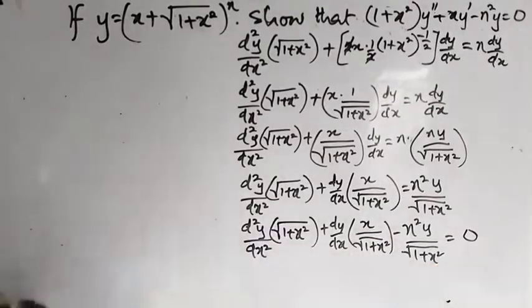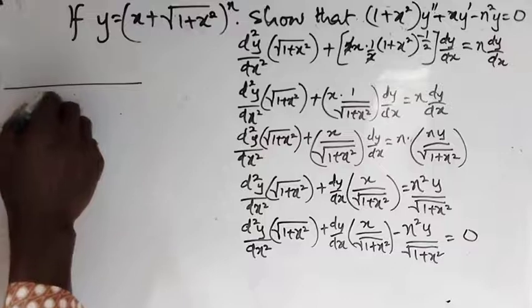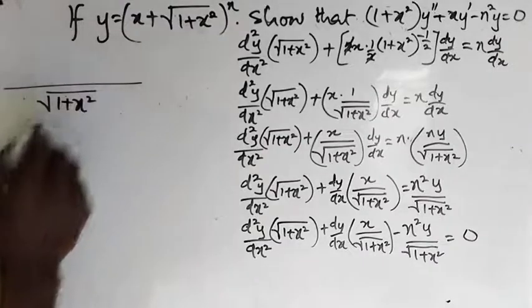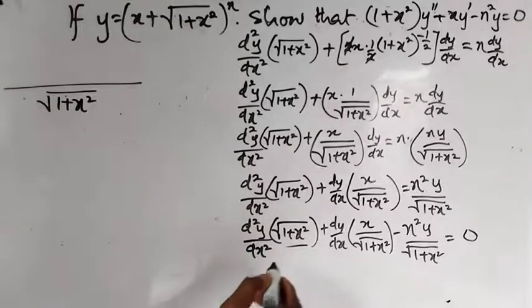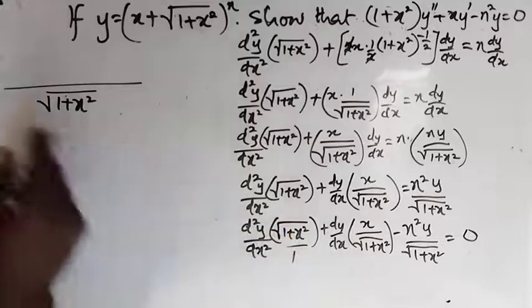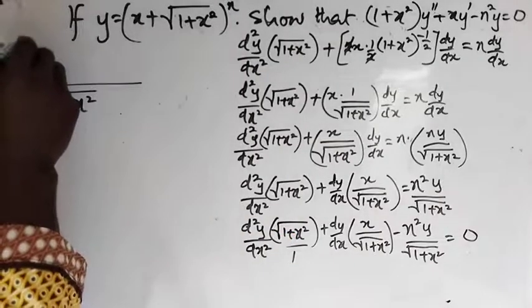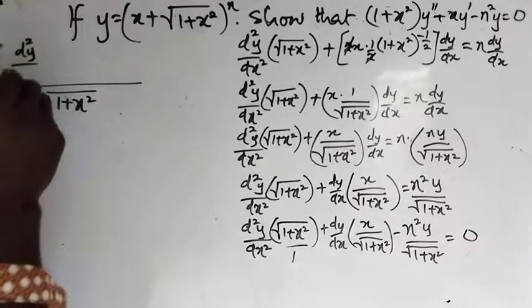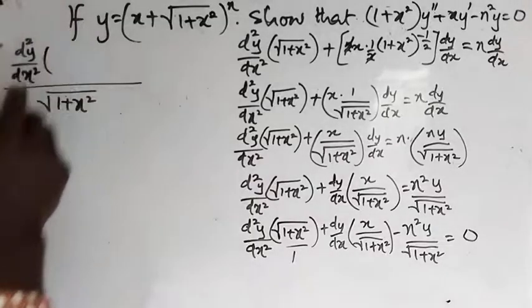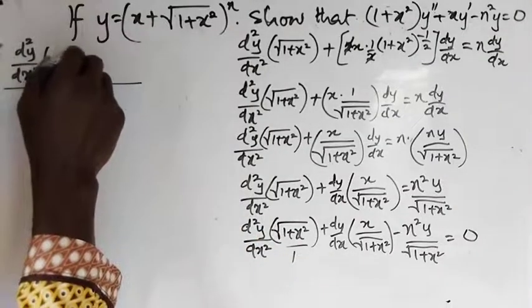All right, finding the LCM here, we can say, now here we have the square root of 1 plus x to the power 2. Now take note that this is over 1. Okay, now this in this, then times this, we now have d²y over dx² times, now this times this will give us 1 plus x to the power 2.